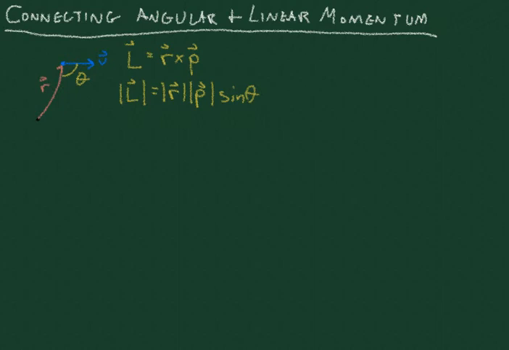But now let's take a look at several different time steps. Once again, we'll set a point here, and this is going to be our axis of rotation, and we're going to have a particle traveling to the right, and we'll look at it at a few different times.